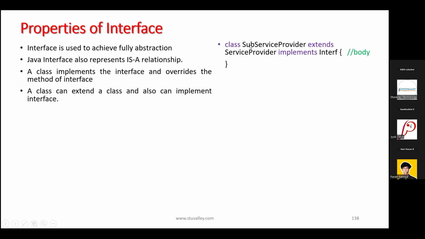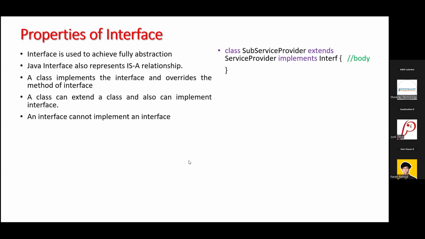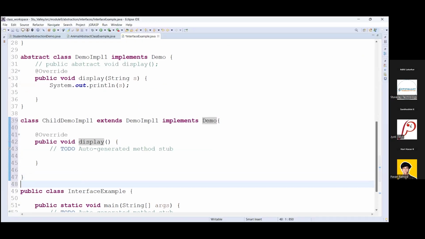Same thing here. A class service provider extends service provider and implements interface. So this is the example. An interface cannot implement an interface because the interface is fully abstract. Suppose you are trying to create one interface, interface X implements demo interface.